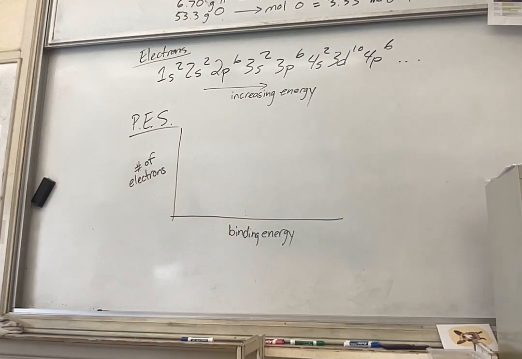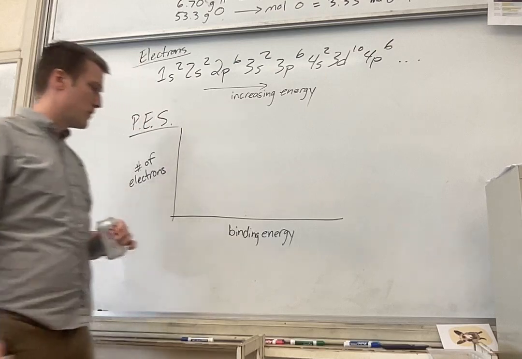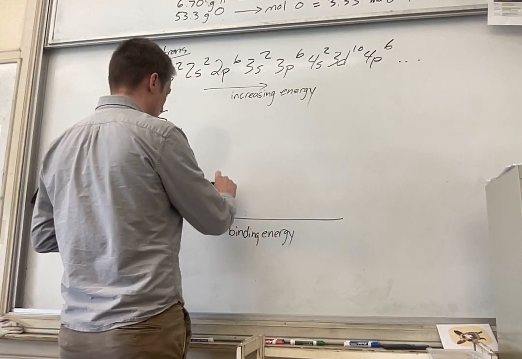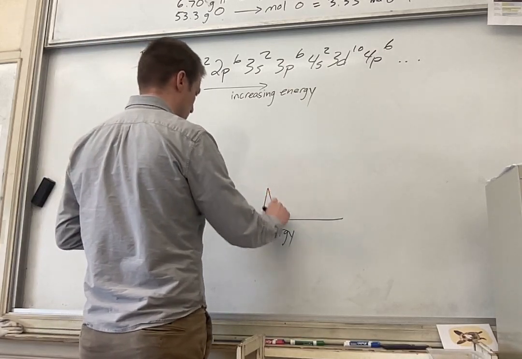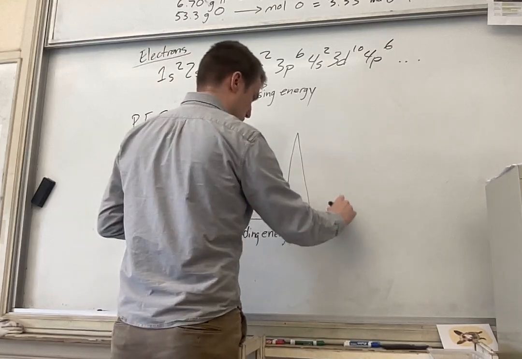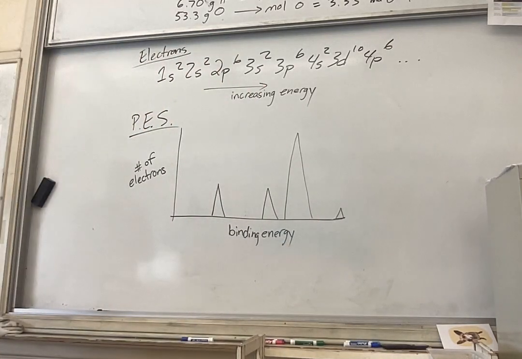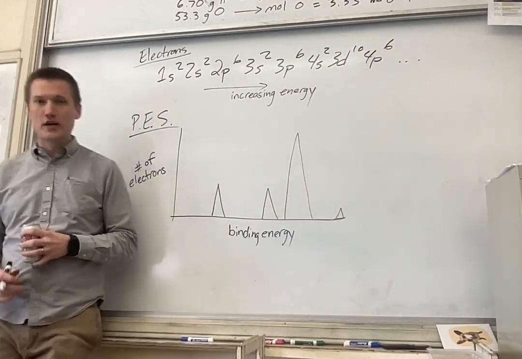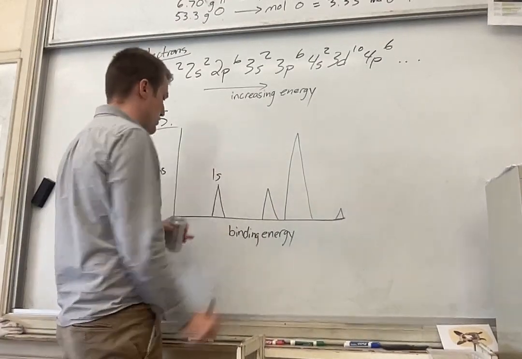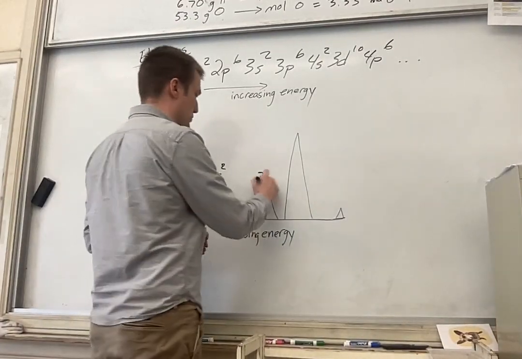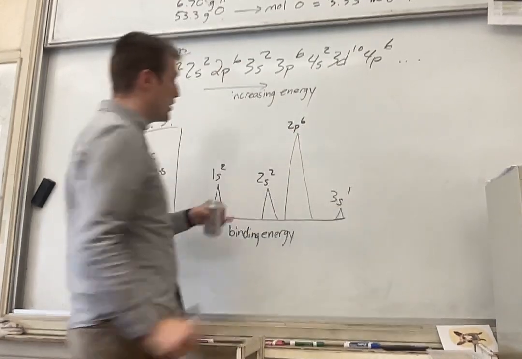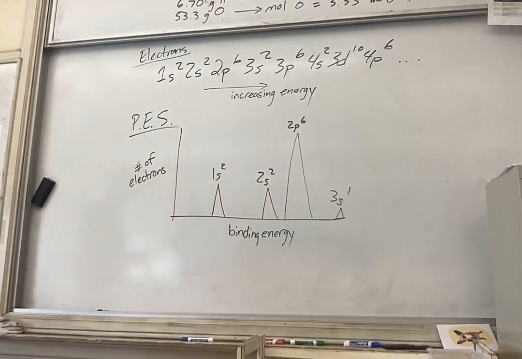This comes from experiments where they shoot radiation at a sample and measure the energies that are absorbed and how much. Each spike is the electrons in an orbital being ejected. So this would be the 1s electrons, and you know there's going to be 2 of them. This would be your 2s2, this would be your 2p6, and this would be your 3s, probably 1 if it's half the height of the other s orbitals.